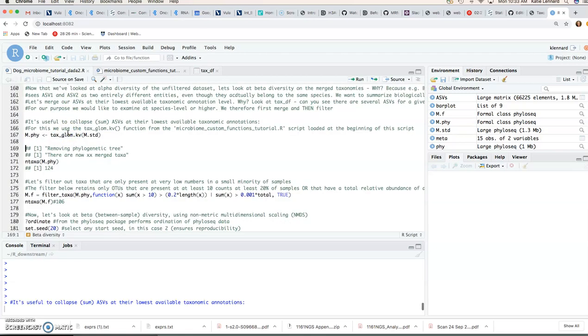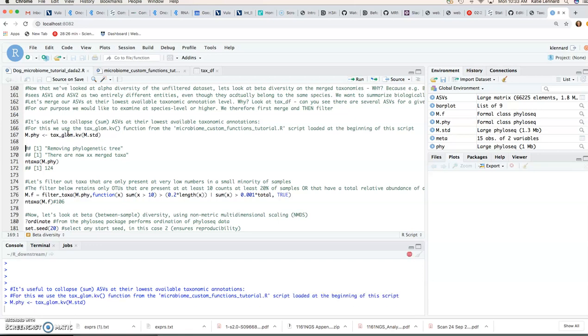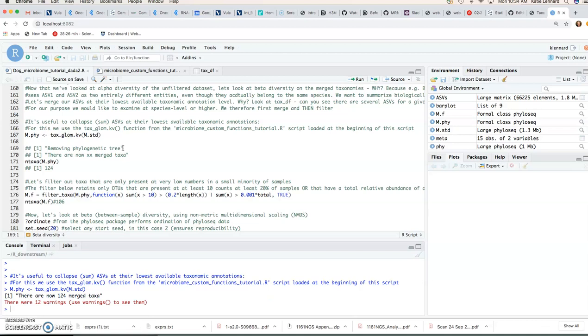So you can run that, and you'll see while it's running that it'll remove your phylogenetic tree, because it's summing the ASVs together. If you did have a phylogenetic tree, that is no longer relevant to this data because you're now losing some of your ASV IDs. And you can ignore those warnings, and it tells us that we now have 124 merged taxa.